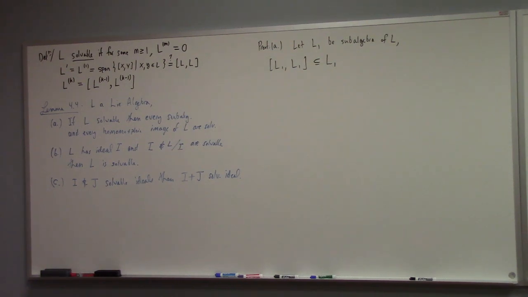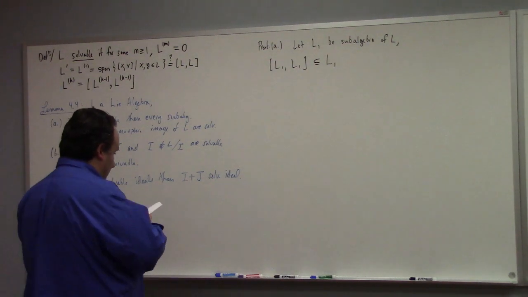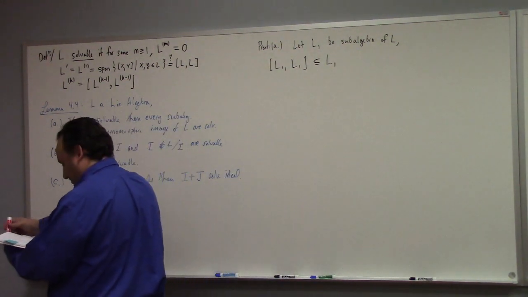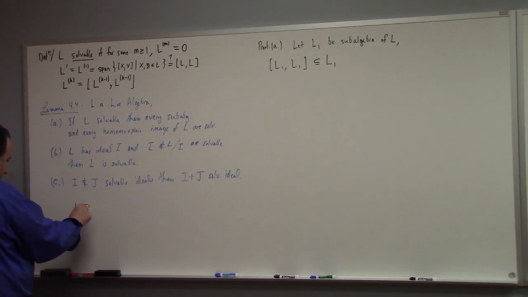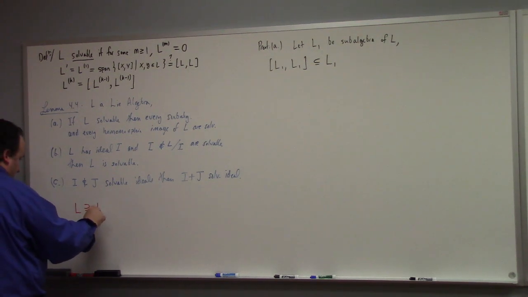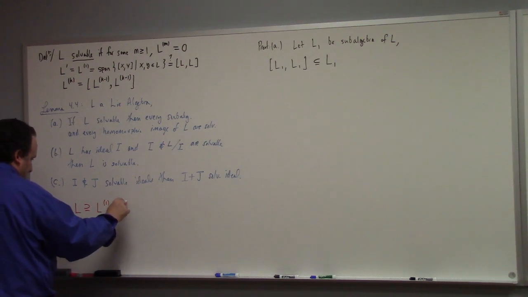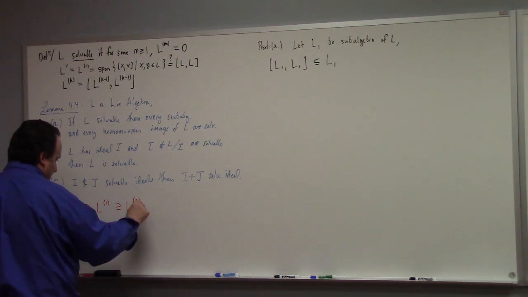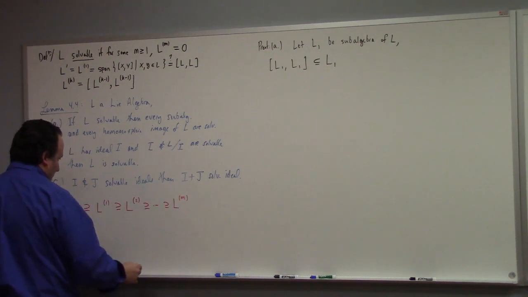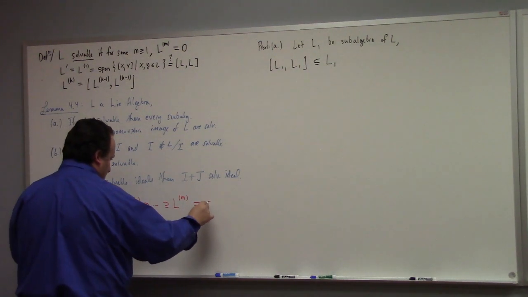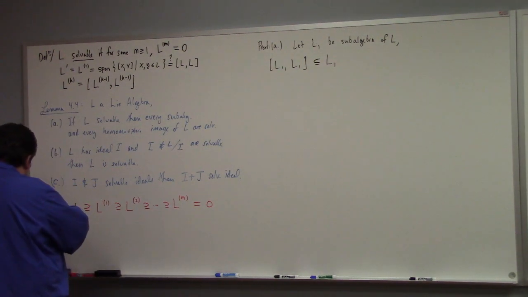Derived series with terms. The derived algebra L prime is the smallest ideal of L with an abelian quotient. You remember the story here: L contains L1, which contains L2, and so forth. If it's solvable, eventually one of these is 0. That's the deal.